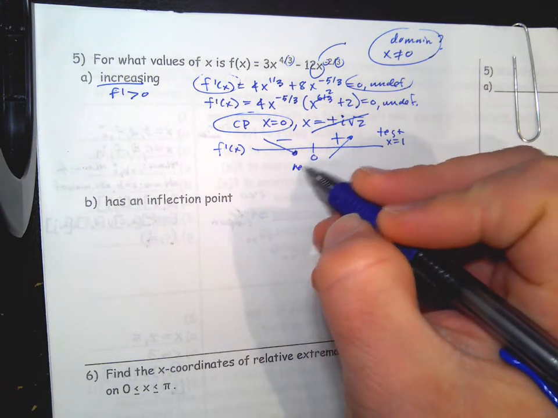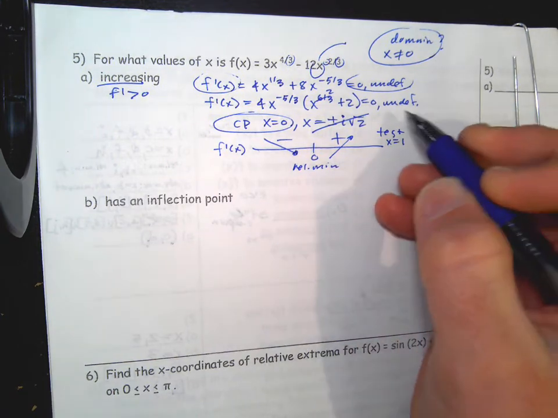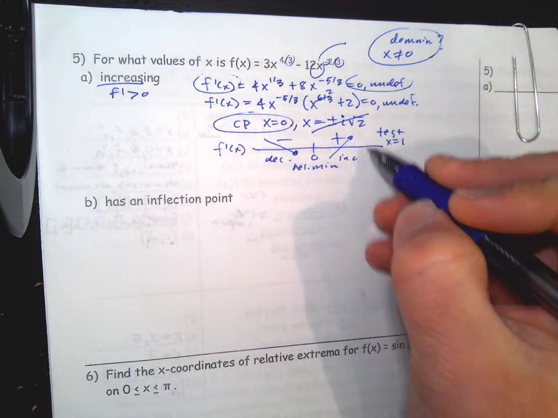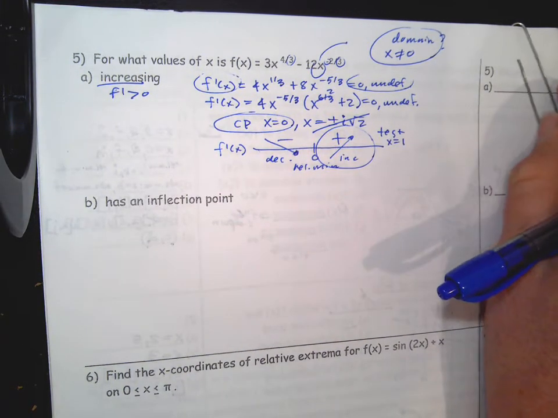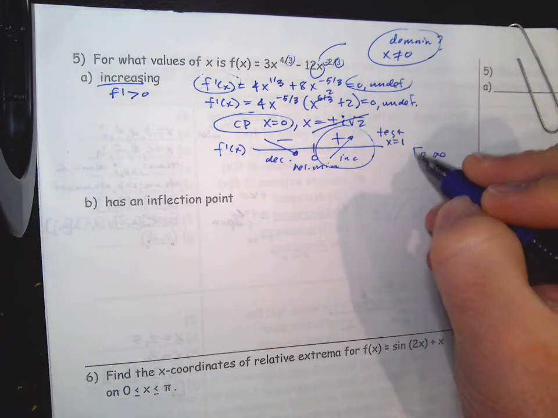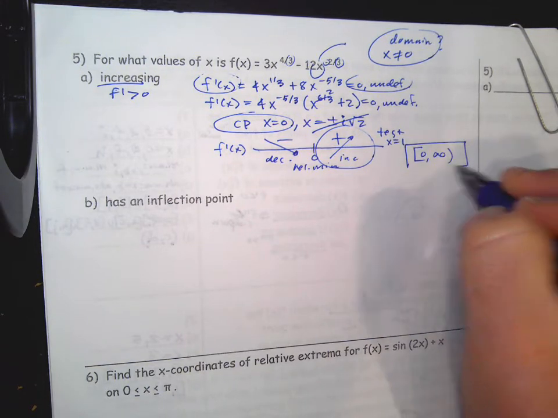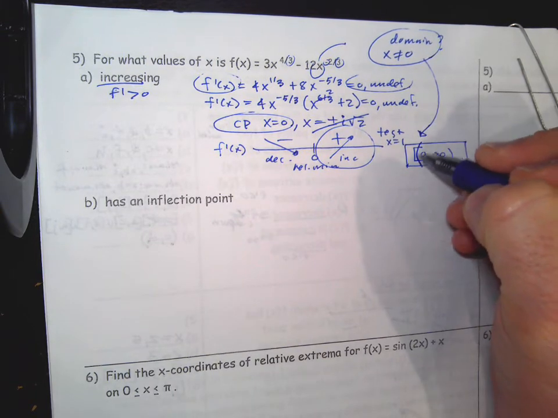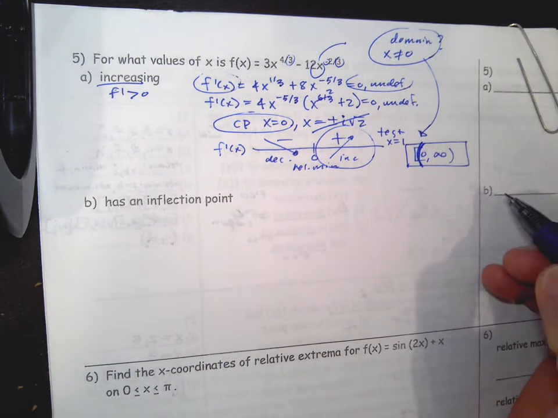This is a relative min. This is decreasing, this is increasing. We were looking for increasing specifically. So the answer is 0 to infinity. Usually it would have a bracket because we include endpoints for increasing and decreasing, but because of the domain, it should be a parenthesis this time.